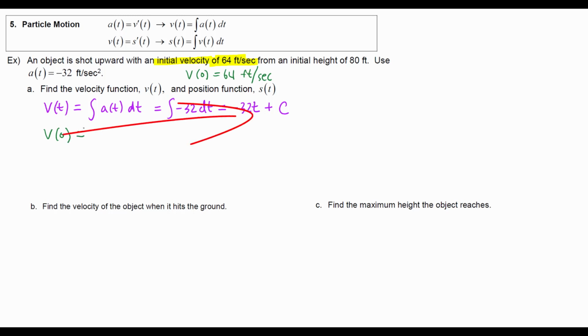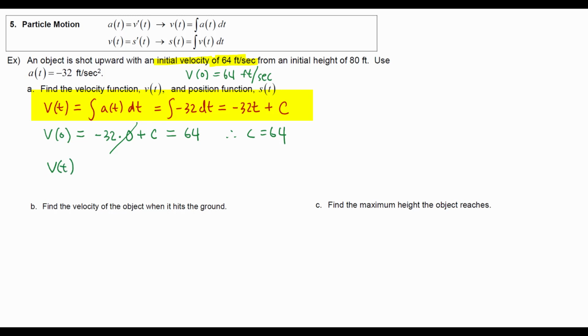So v of 0 is negative 32 times 0 plus c. They told you that it is 64. So this is 0, so c is 64. Then the velocity function that you are looking for is negative 32t plus 64. So you found your velocity function.